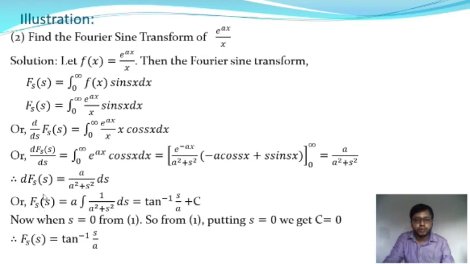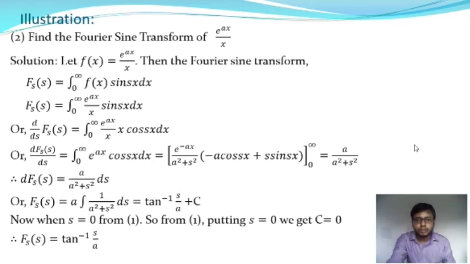So the Fourier sine transformation for the function e to the power minus ax by x will give tan inverse of s by a, where the constant term c is equal to 0. This is the Fourier sine transformation obtained by applying the differentiation. We get the value of this transformation, and it is actually tan inverse s by a, where s is the parameter and a is the constant term.